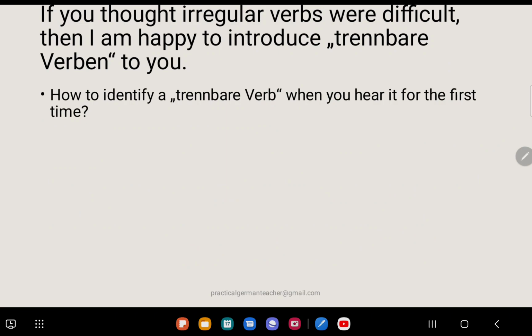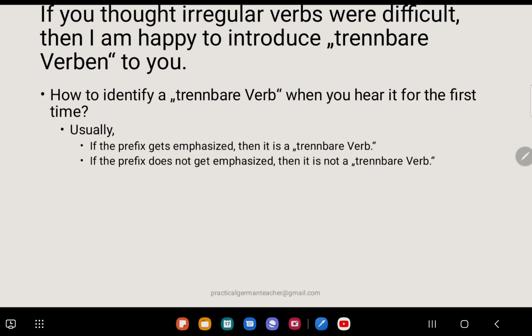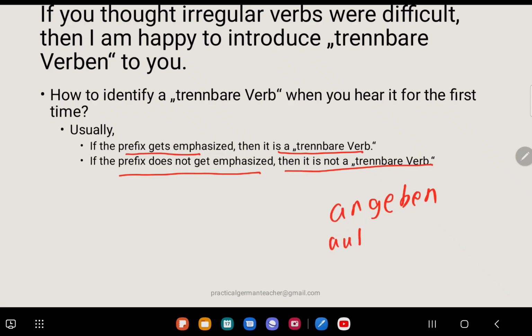So how to identify a trennbare verb when you hear it for the first time? If the prefix gets emphasized, then it is a trennbare verb. If the prefix does not get emphasized, then it is not a trennbare verb. What does this mean? That means there will be verbs, for example, as I told you, where you can add an, auf, zurück, and many more.